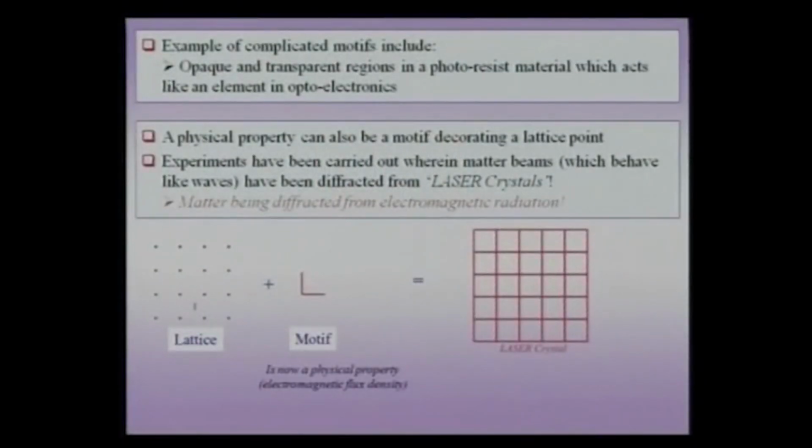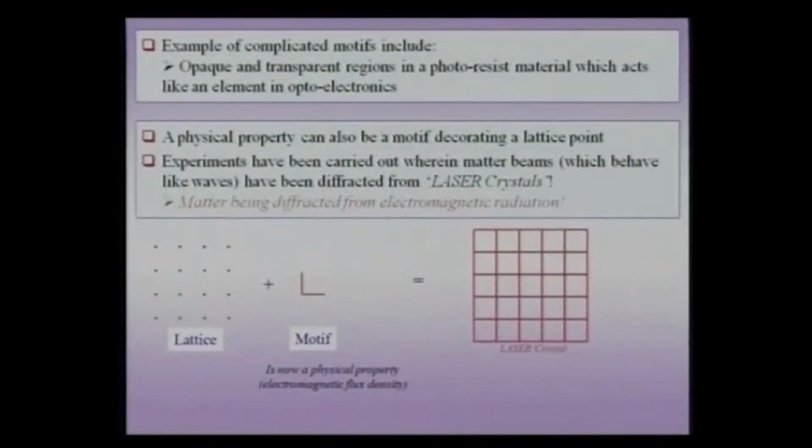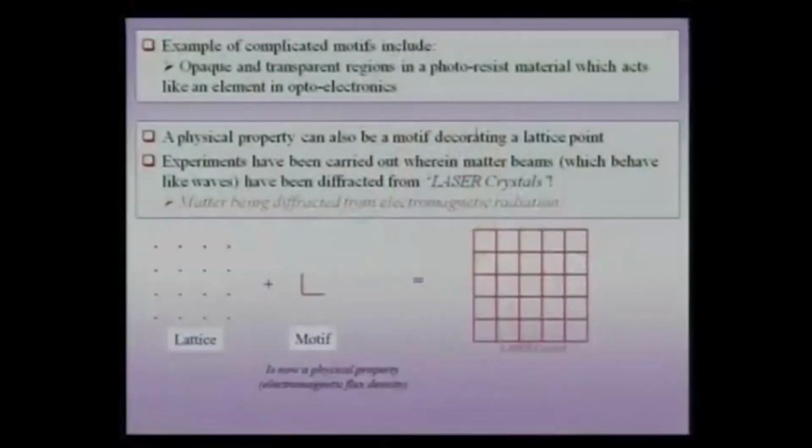An even more curious example is the one which I am showing below, and of course we may take up more examples later in the course: a physical property can also serve as a motif which can go on to decorate a lattice point. Experiments have been performed, especially within the last 10 years, wherein I make a crystal which is made up purely of laser beams.